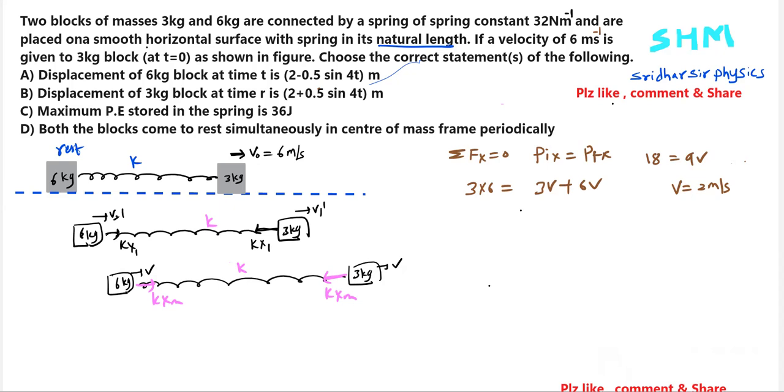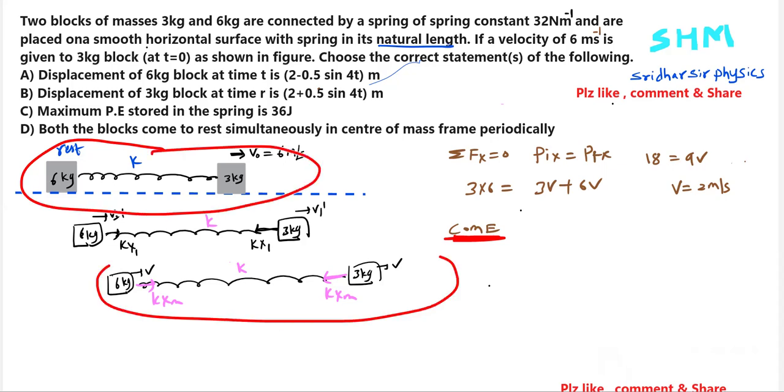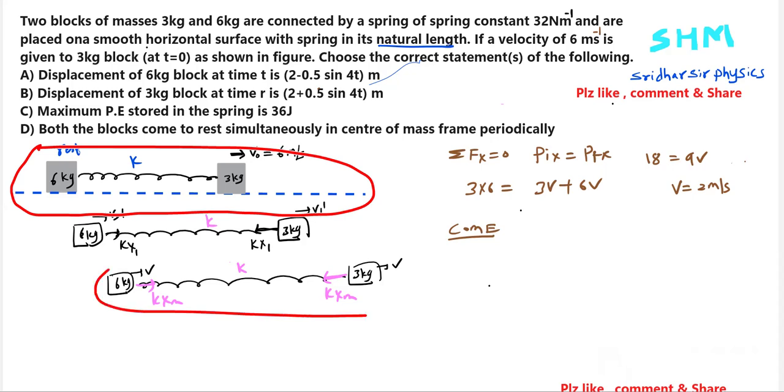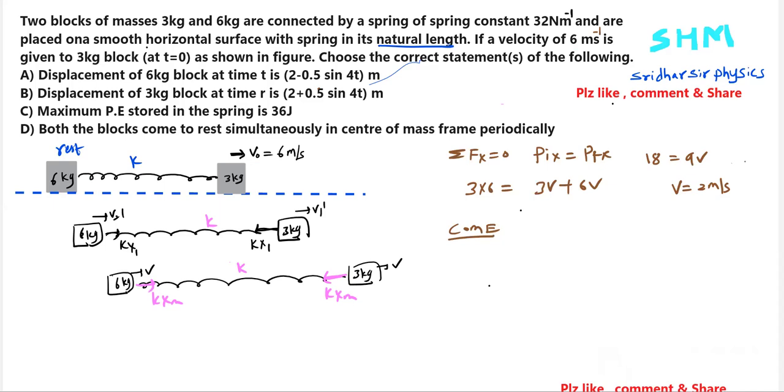Then applying the conservation of mechanical energy. The initial mechanical energy of the system should be equal to the final mechanical energy of the system. In what form is the energy present initially? In the form of kinetic energy of the block.